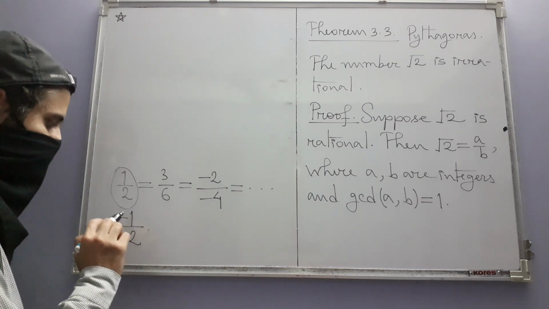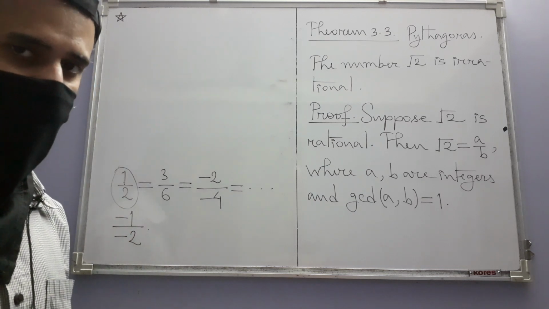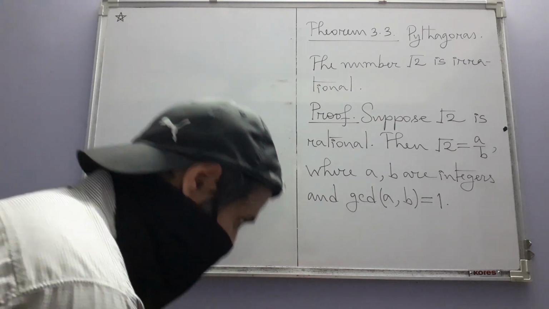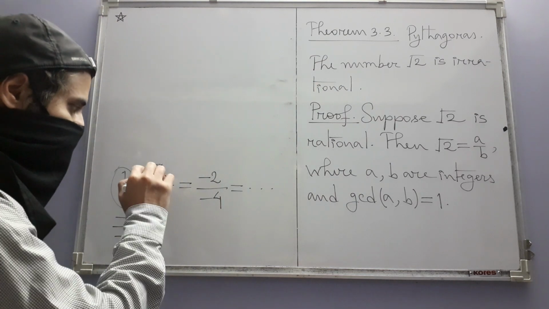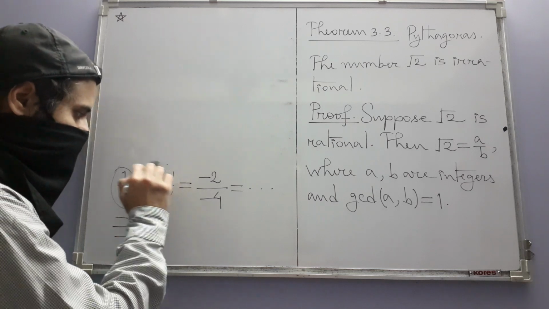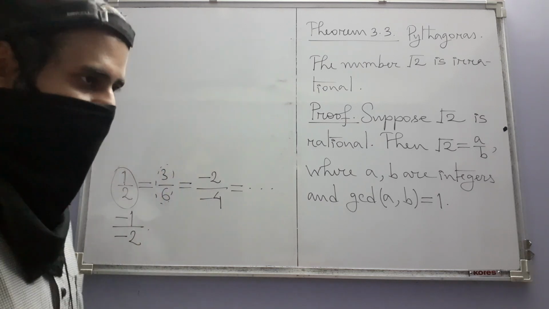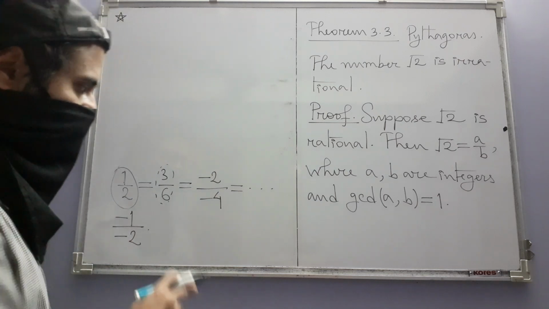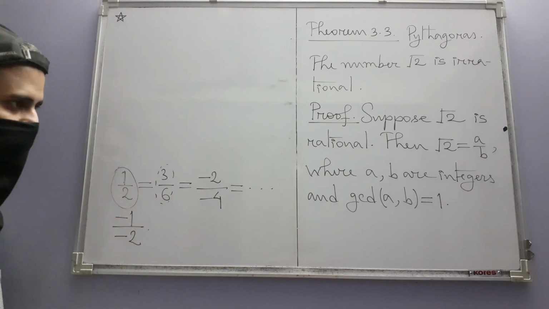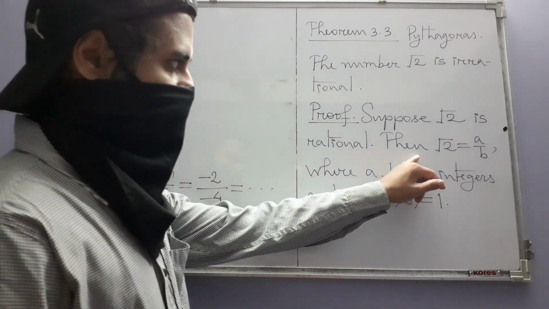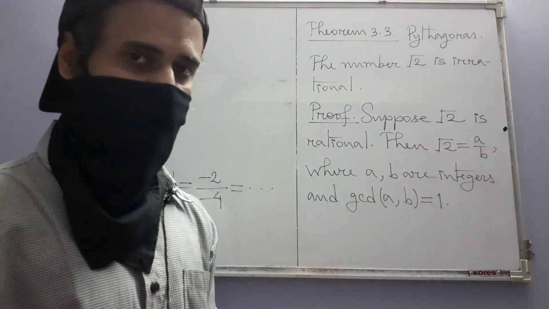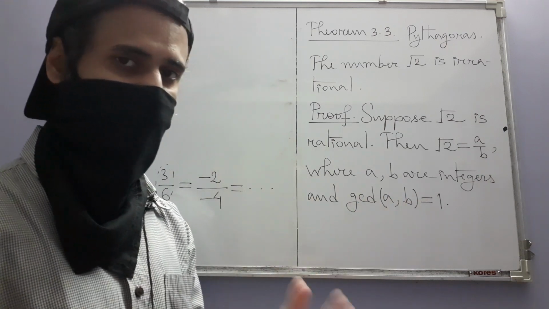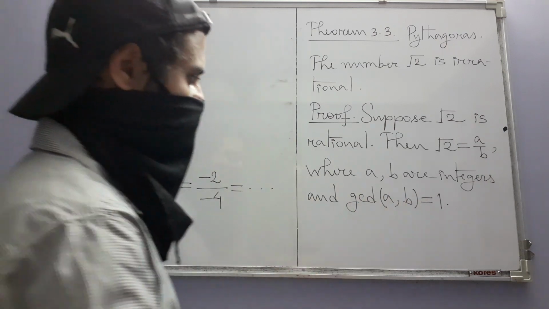Here also the GCD of minus 1 and minus 2 is 1. Such a representation always exists because in the other representations, whatever common factor you have between the numerator and denominator can be cancelled out, leaving you with such a representation. So, regardless of what a and b are, you can choose such a and b that are relatively prime.